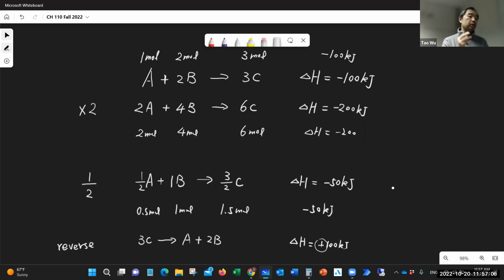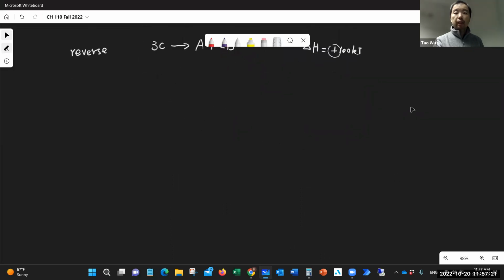And third, if you reverse the reaction, the sign of the heat is also reversed. This is how to manipulate the equations.